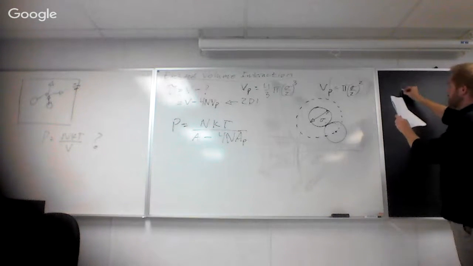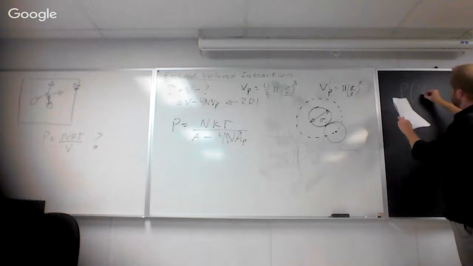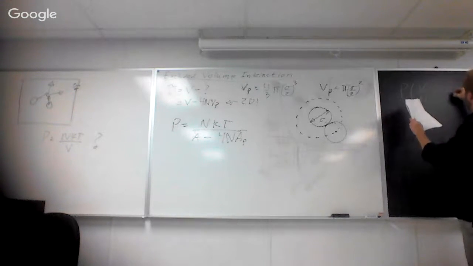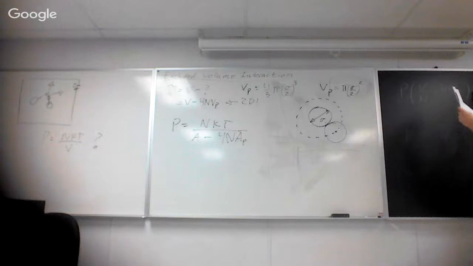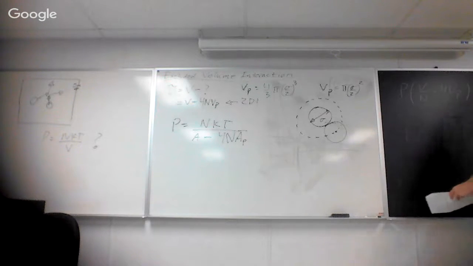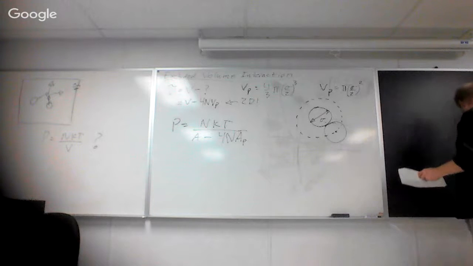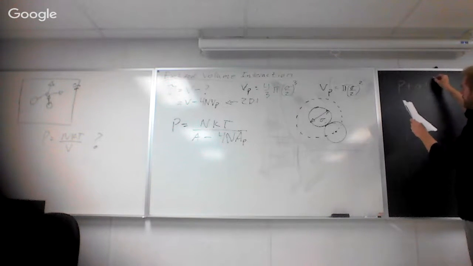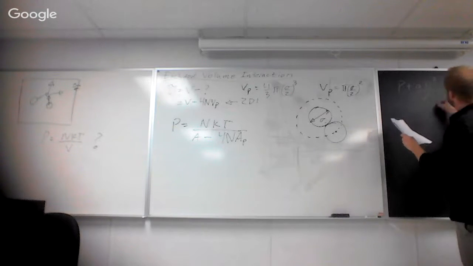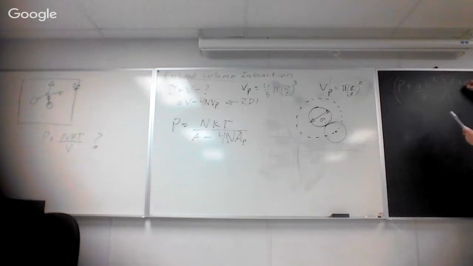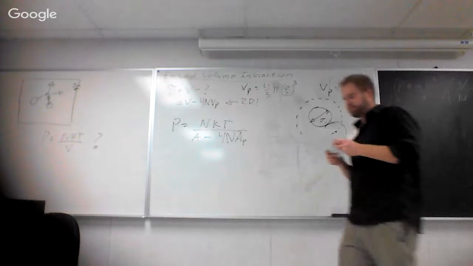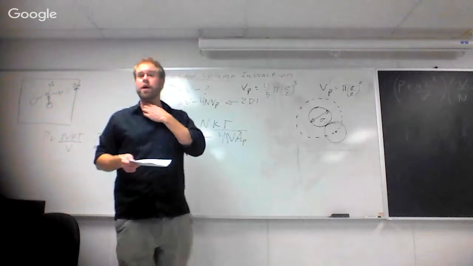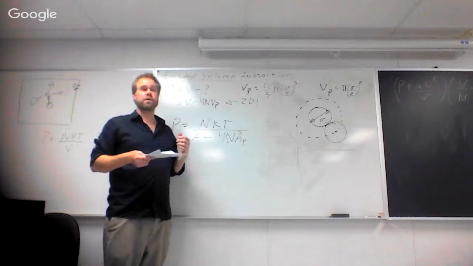The van der Waals equation of state is P plus A times N squared over V squared, times V over N minus B, equals kT.